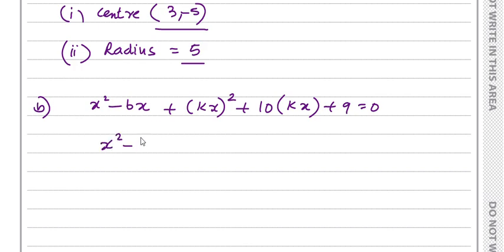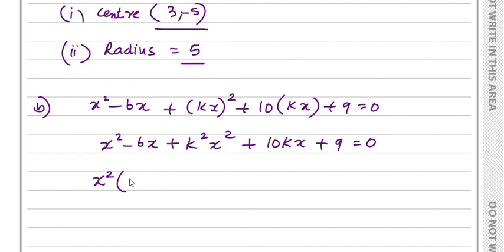So x squared minus 6x plus k squared x squared plus 10kx plus 9 is equal to 0. Now I need to make this a quadratic in x. Therefore, collect all the x squared terms. This is x squared (1 plus k squared). Okay, so this and this are done.